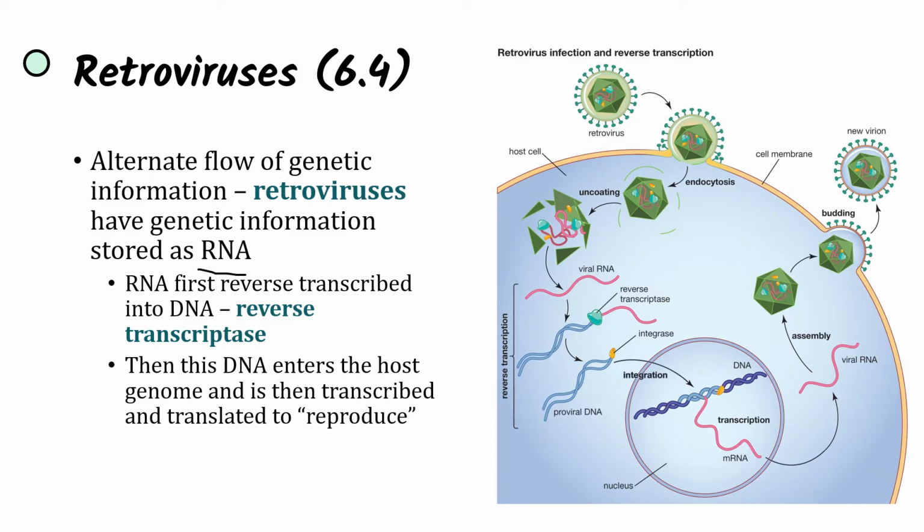So when they infect the host cell, reverse transcriptase and reverse transcription occurs, where the RNA is first turned into DNA, then it can enter the DNA of the host within the nucleus, and then it'll be transcribed and translated in order to produce new viruses.